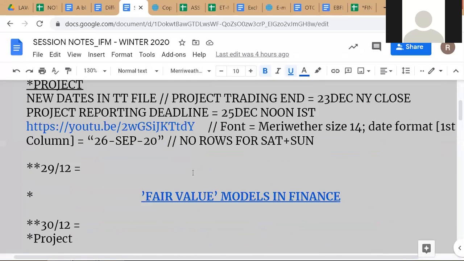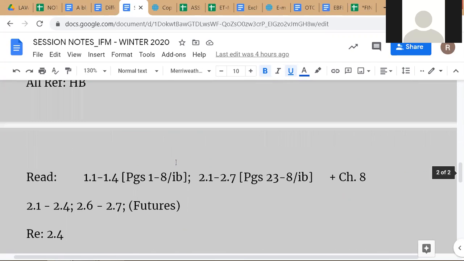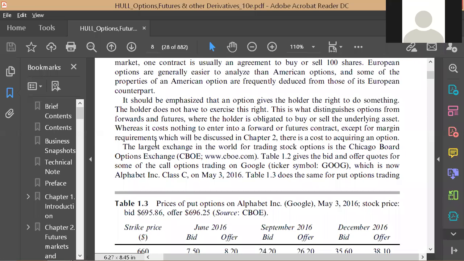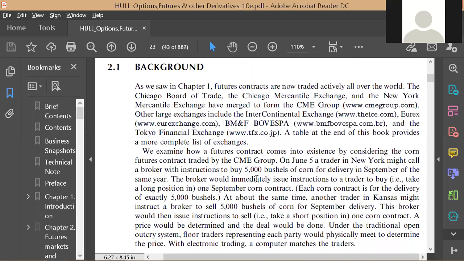Where are we given the page number? So it's page 23. If you look at page 23, you can read a little bit about how these things work, futures markets. Central counterparty is a term that is used in OTC markets that actually should not have been discussed in the introductory chapter.